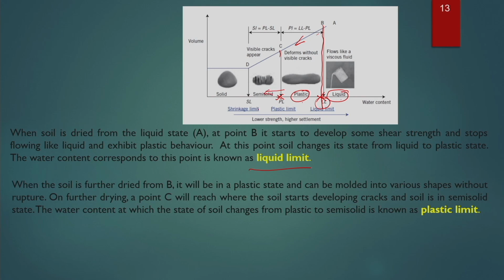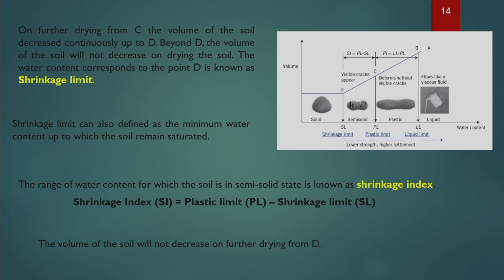So again it can be defined as the water content at which the soil changes from plastic to semi-solid state. Between this plastic limit and liquid limit, the soil can be deformed into any shapes. So this range of water content is known as the plasticity index.